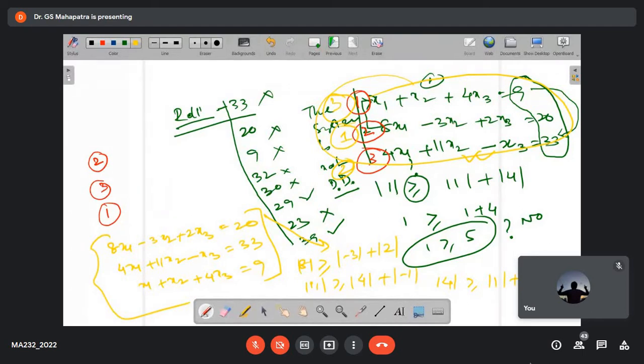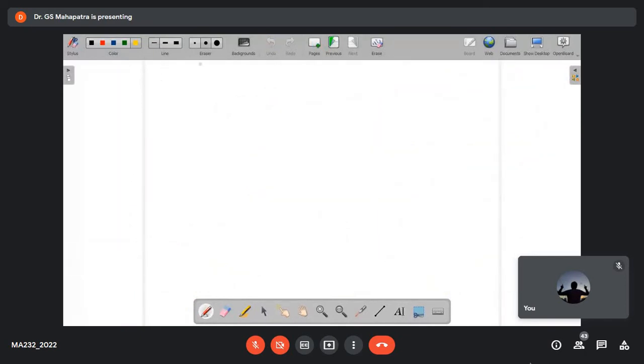Now, the first method is Gauss-Jacobi. Already you know that first you have to check whether the system is diagonally dominant or not.